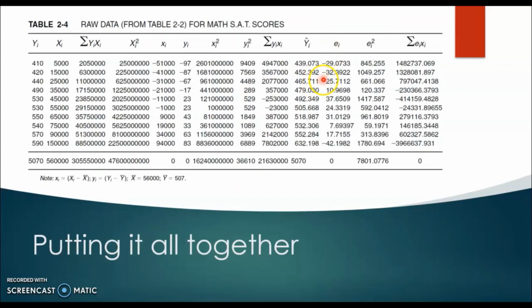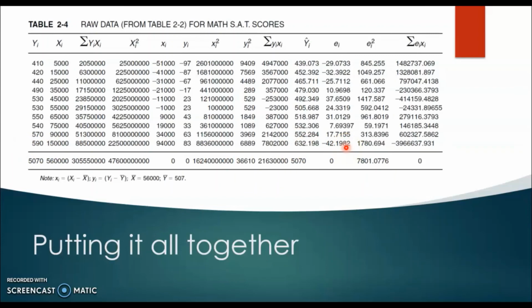Okay, so here we have negative 32.3922. We obtain this by subtracting, sorry, not 15,000, 420 with 452.392. We repeat the same process in order to get the residual for observation 3 until observation 10. Here we have negative 32.1982, which we obtain by subtracting 590 with 632.198.